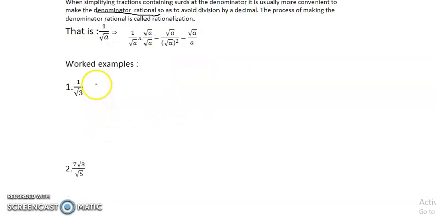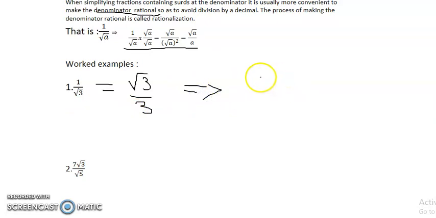Now 1 over root of 3. If you look at the principle here, we know that the answer is root of 3 all over 3. That's the answer we are supposed to get. But what is the process? The process: 1 over root of 3 multiplied by root 3 all over root of 3.